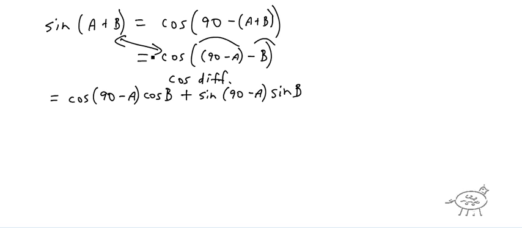Very important. So now I can actually simplify this a little bit. We already know, again, let's make a little note on this top right hand side here, that the sine of theta equals cosine of 90 minus theta.